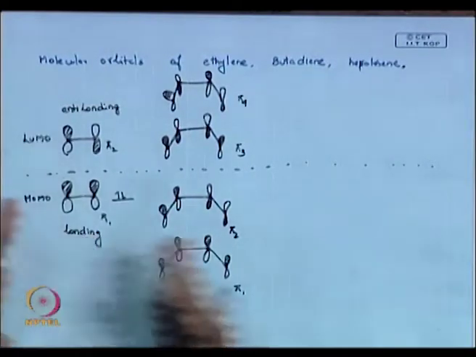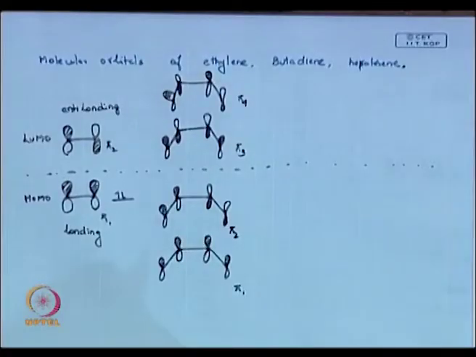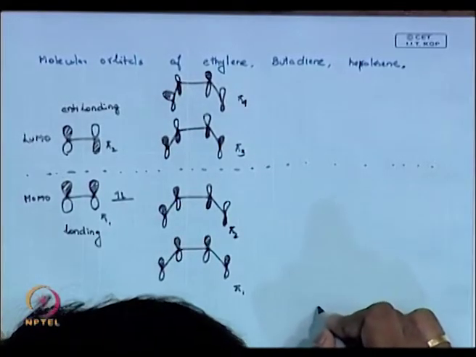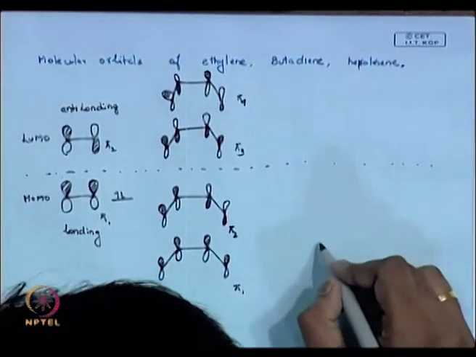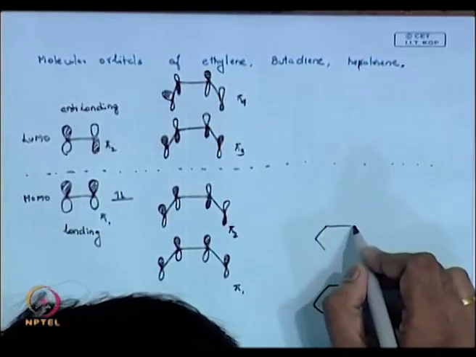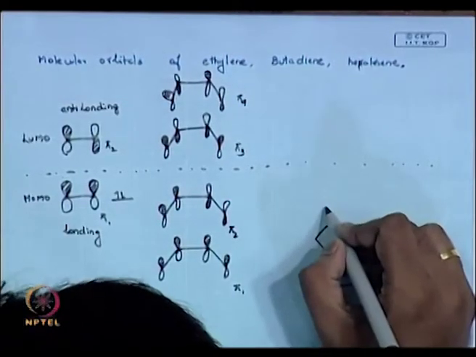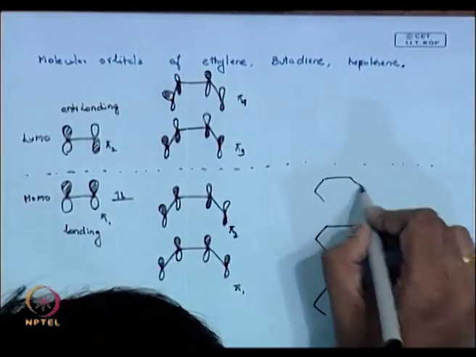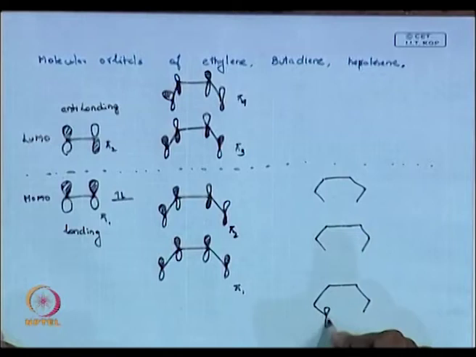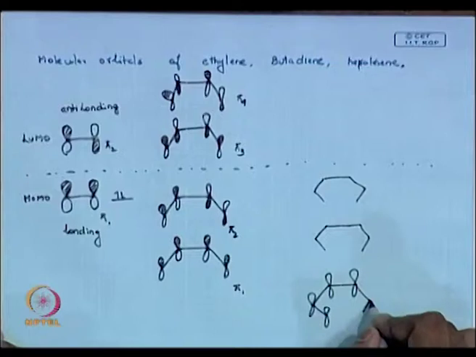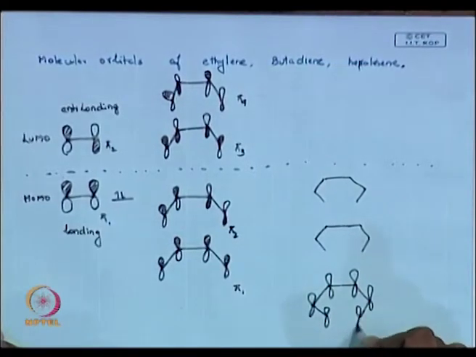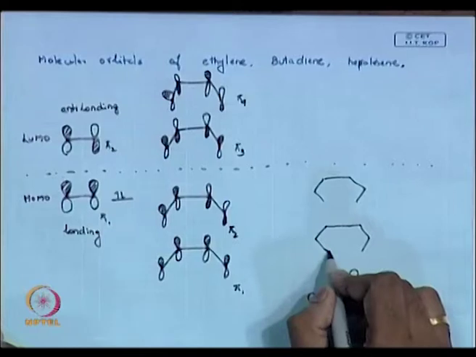Slowly you can build up like this. If you want to draw a hexatriene system, can you draw it?